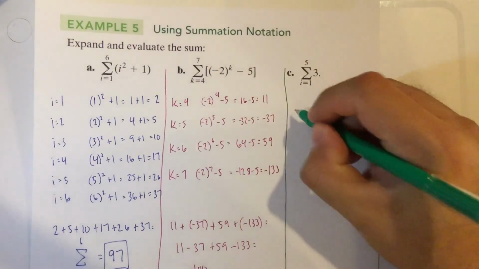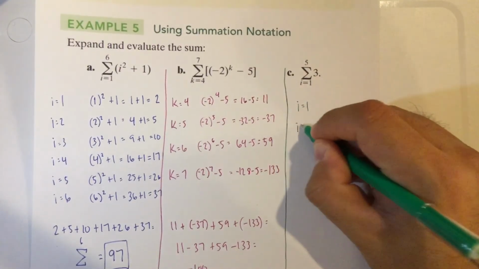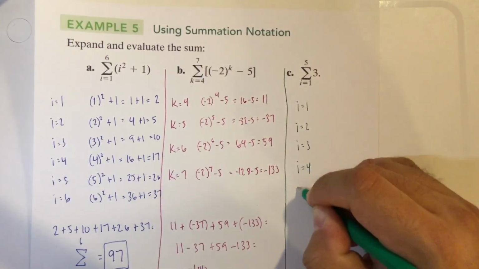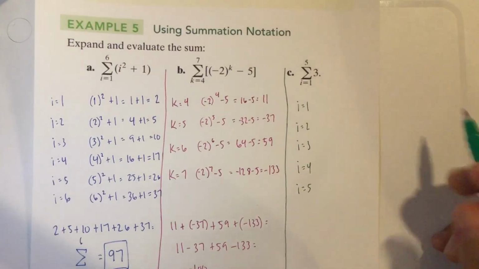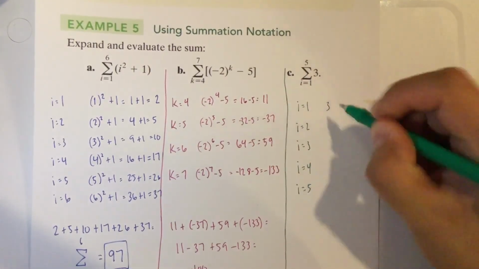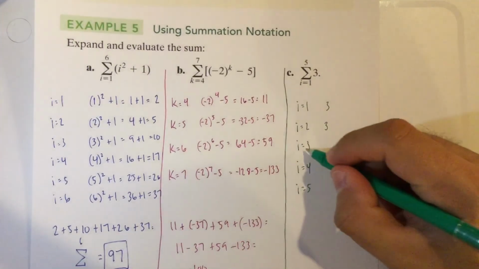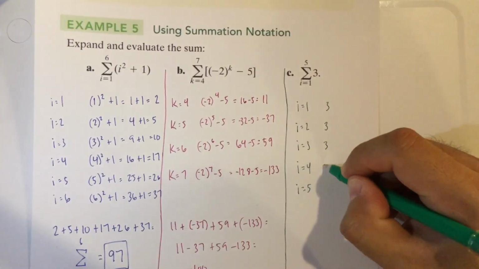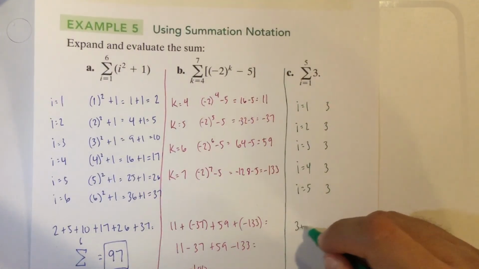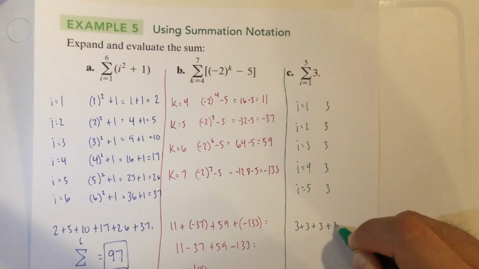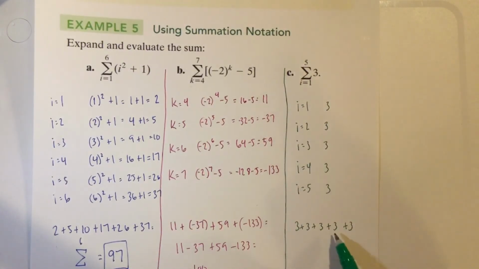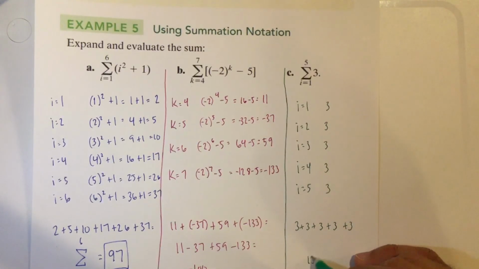So when i is equal to 1, 2, 3, 4, and 5, there is no number to plug in. When i equals 1, the answer is 3. i equals 2, the answer is 3. i equals 3, the answer is 3. i equals 4, 3, and 3. So we take all these 3s and we just add them up. 3, 6, 9, 12, 15 is going to be my answer.